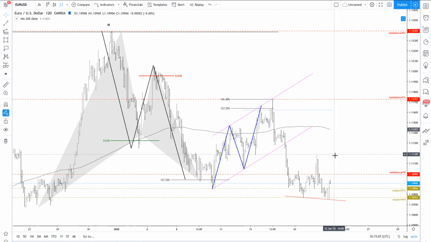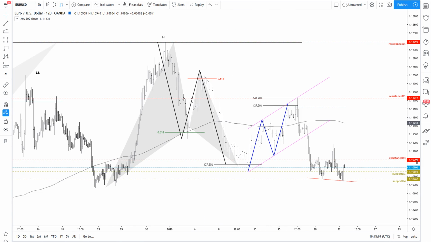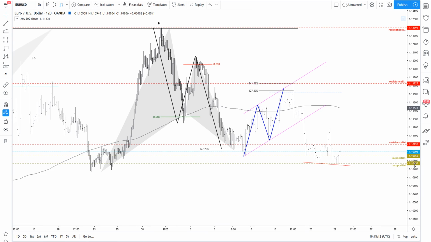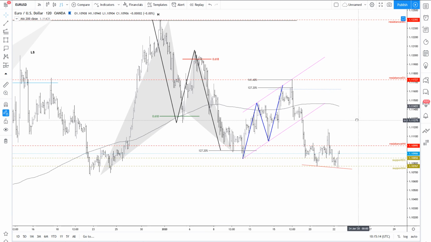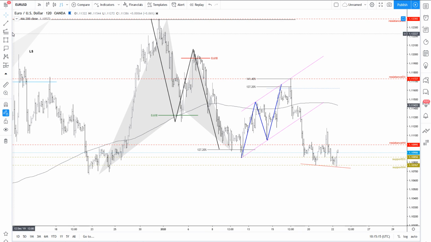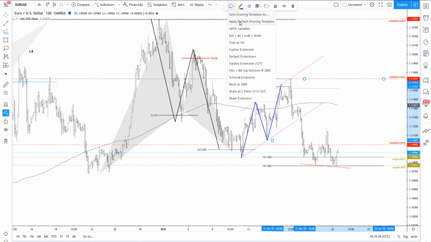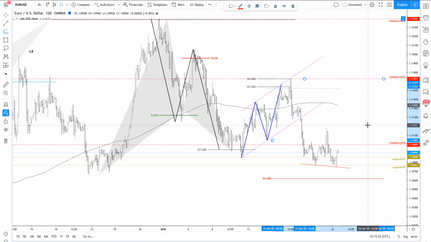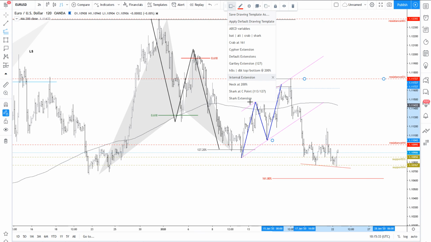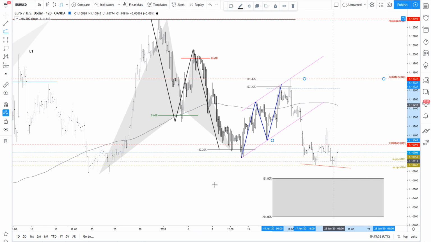So let me try to adjust these, because I need to show you what may happen below. Basically, I'm focused on those two levels, on those highs, and I will try to search for an extension from this last swing high to the 1.600 extension, or even the 224% Fibonacci.